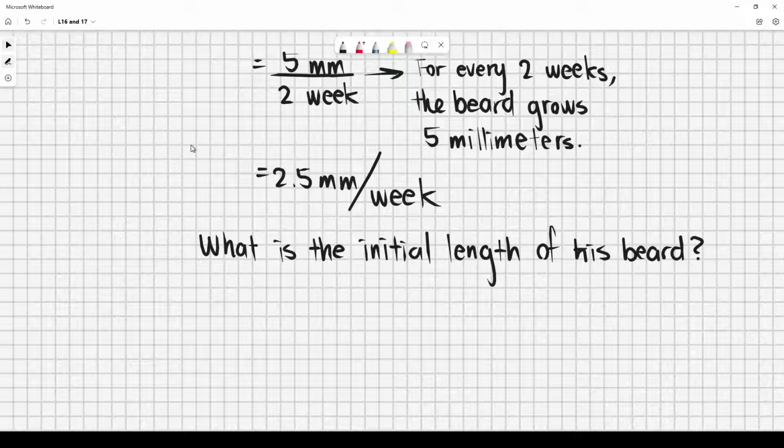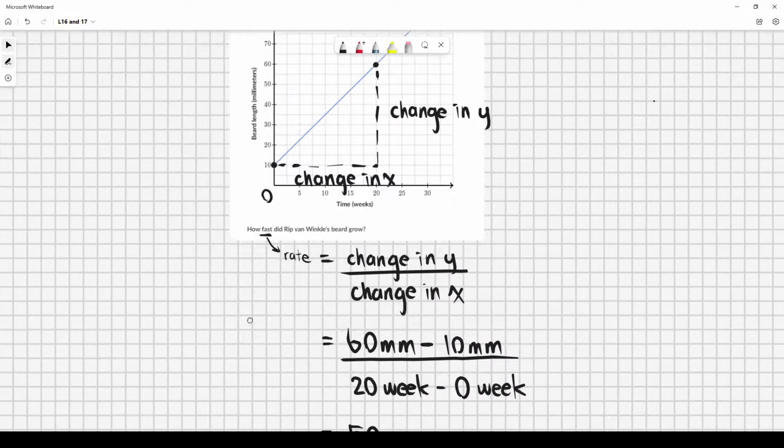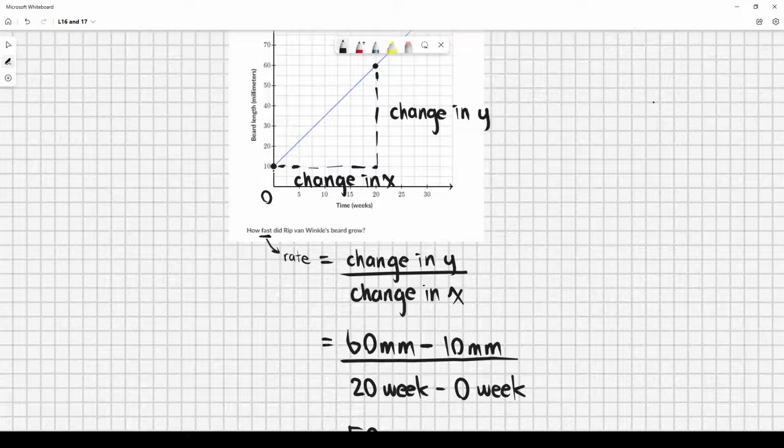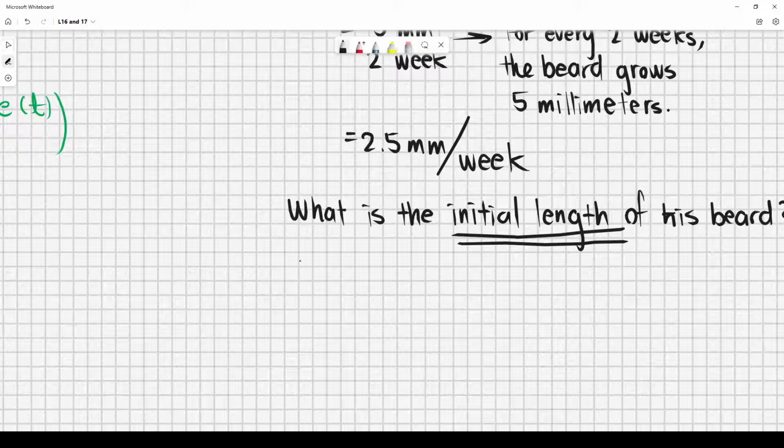So the key here is initial length. As I was saying previously, that represents a y-intercept. So it's pretty clear what it is here. It's 10 millimeters. As simple as that. 10 millimeters.